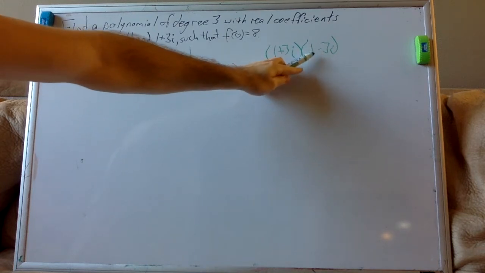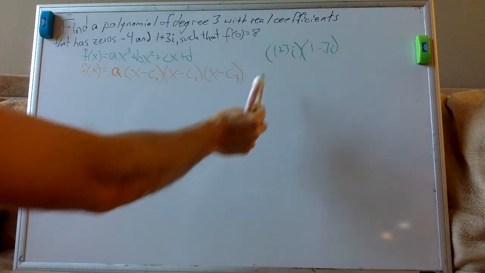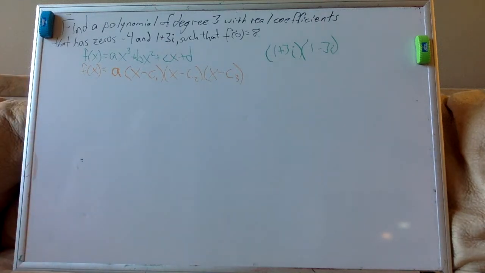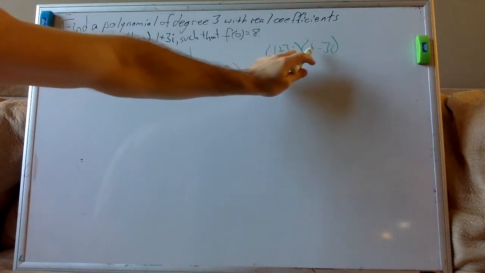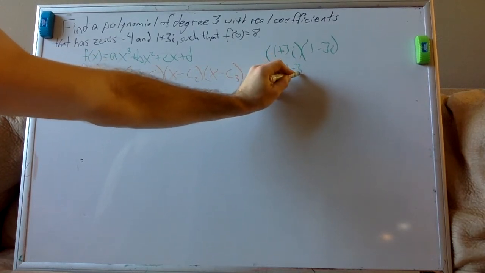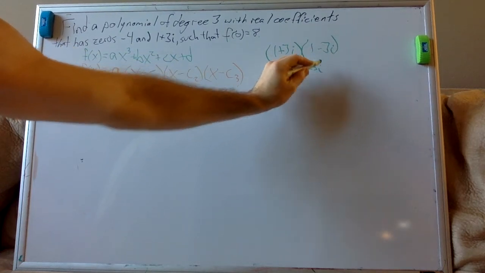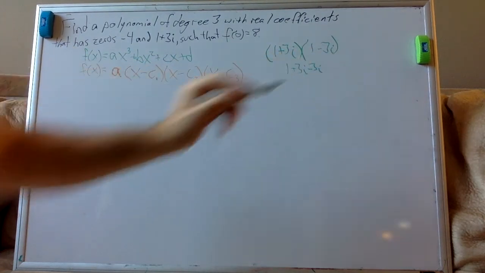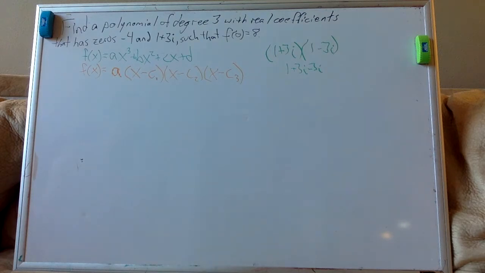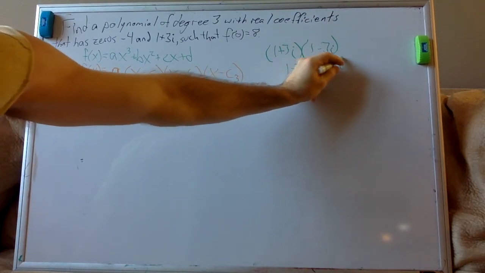If we have this minus in front of the imaginary part, then when we multiply through, we get our 1s, we get a positive 3i, and then we get a negative 3i, and that's the canceling part. And then we have our plus 3i and our minus 3i, which makes negative 9i squared.